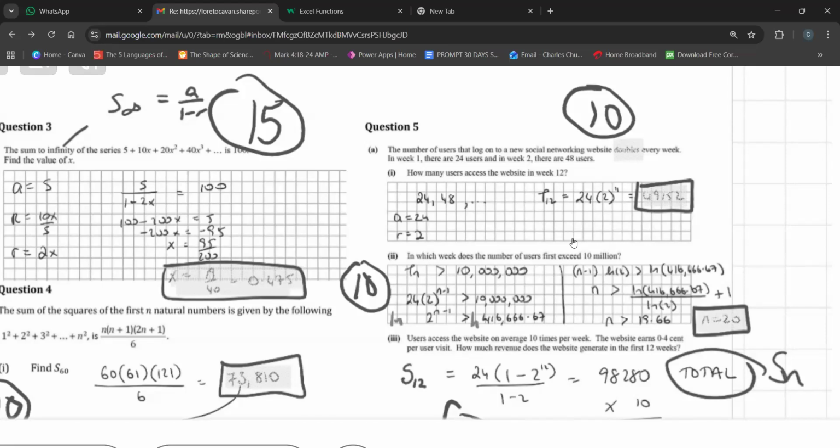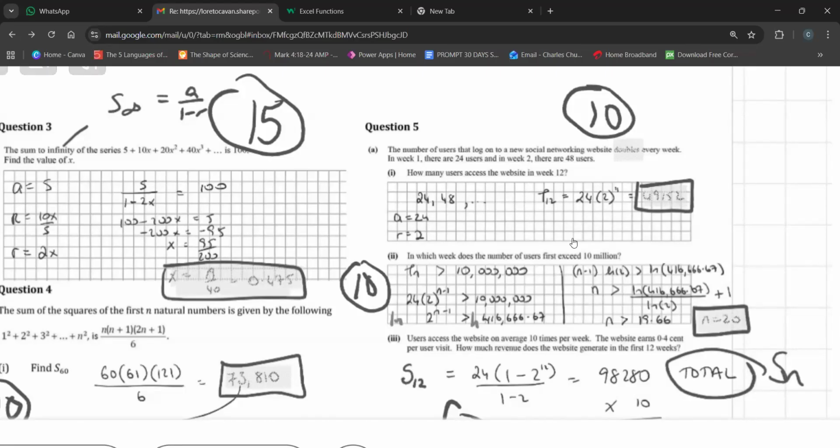So you remember inequalities, right? You still treat them like equations. So what she did was first to divide both sides by ln 2. So that's why you have 416,666.67 divided by ln 2. Then after that add one to both sides.